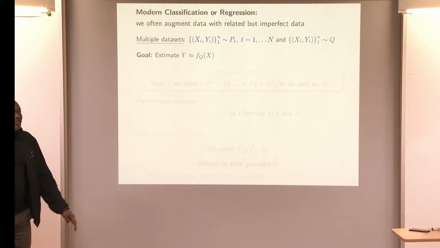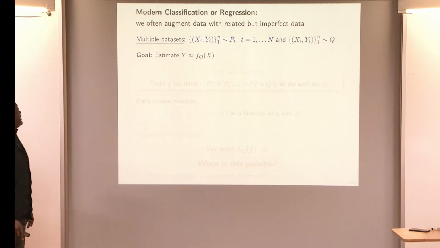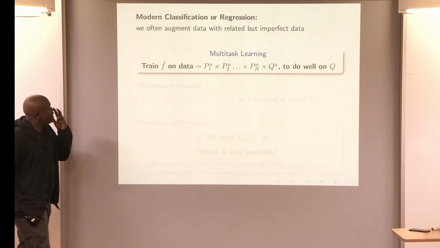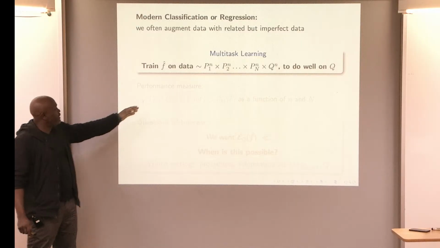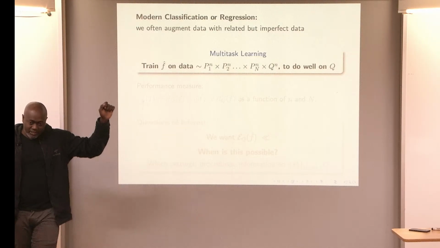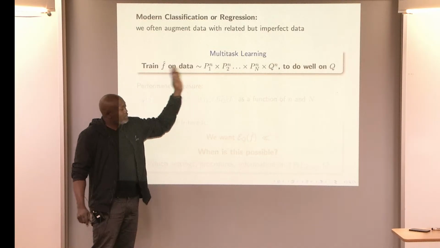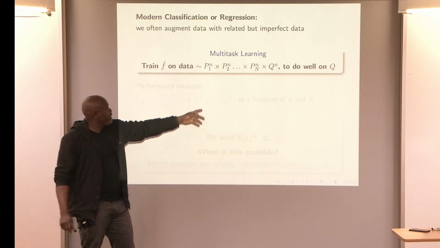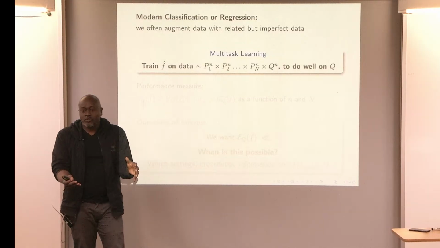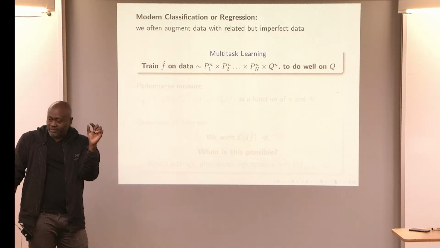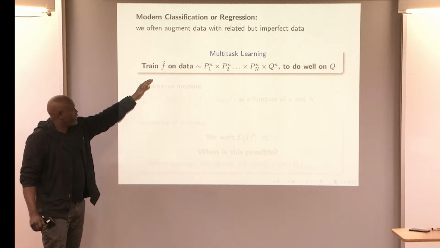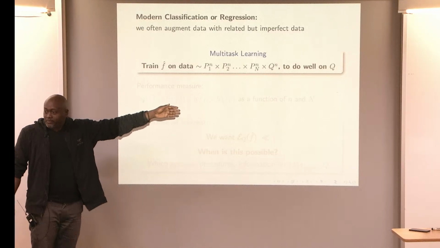Please feel free to interrupt me anytime. So multitask will just be viewed this way. I have an f hat, which is a learner, any learner, that has access to P_1 through P_N, each contributing sample size small n. And we want to do well on Q.